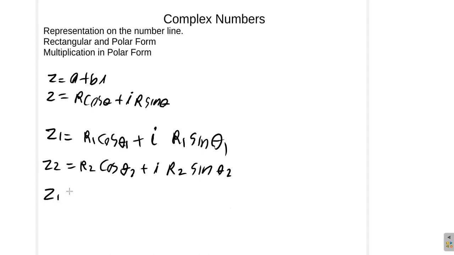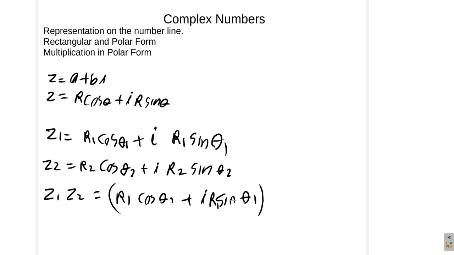So we want to find z1 z2. So we have r1 cos theta 1 plus i r1 sine theta 1, and we're multiplying it by r2 cos theta 2 plus i r2 sine theta 2.